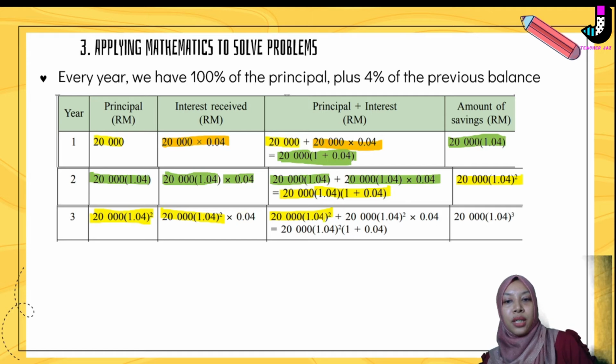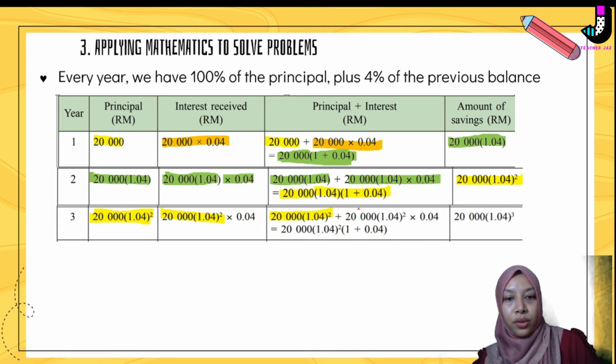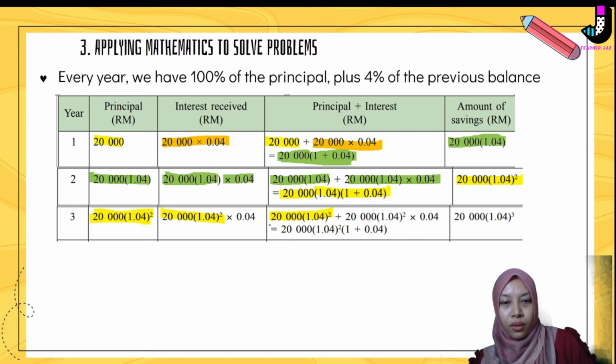Okay, as you can see, it is the same. Between the addition, we have that 20,000 and 1.04 squared for both. So we will factorize it out, okay, and then we'll get this.